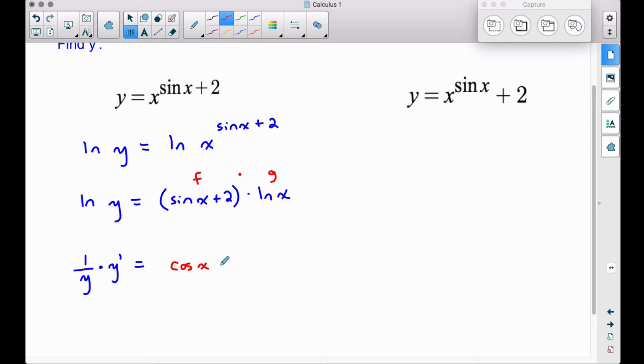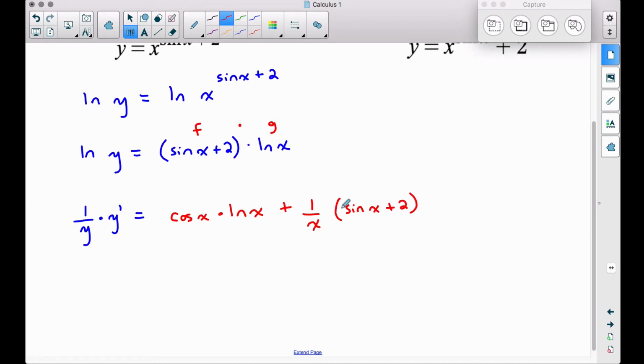So that's f prime times g, we don't mess with g right now, plus, now we take g prime, the derivative of natural log is 1 over x, and we multiply that by f. We leave f alone now. So I'm just going to erase that multiplication symbol and put this in parentheses. Sine of x plus 2. That is our f. So again, f prime times g plus g prime times f.